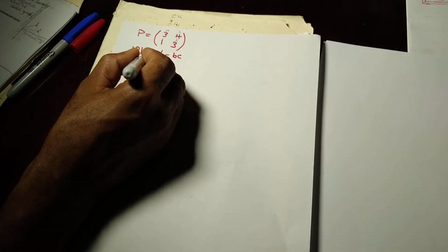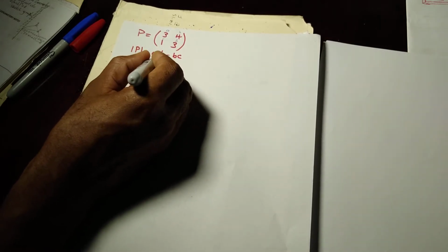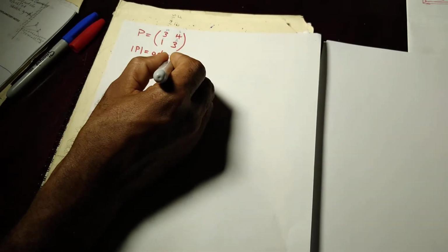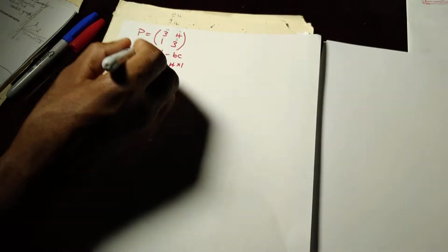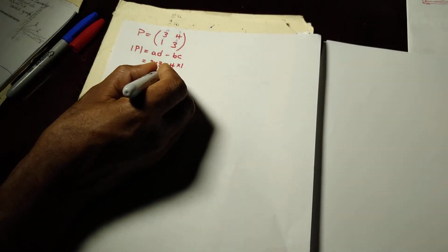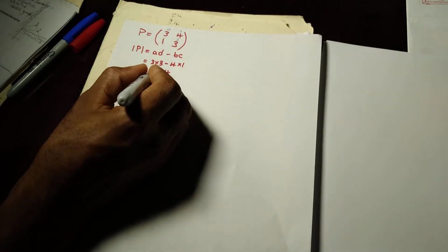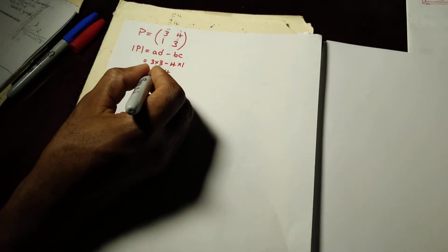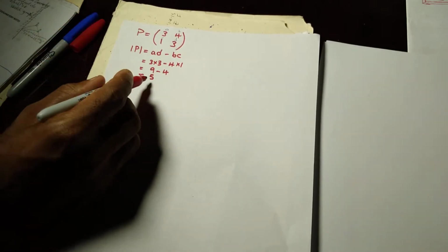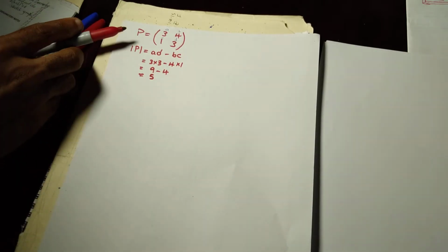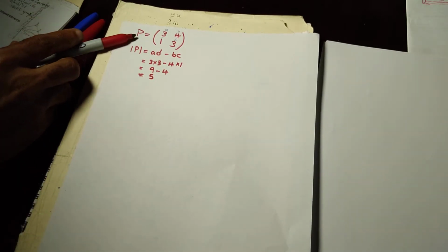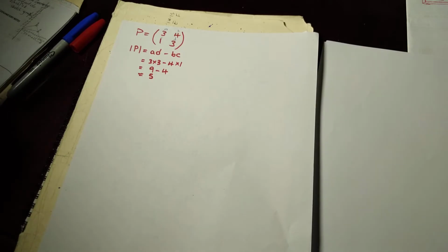So all we're going to do is substitute the values. So we're going to have 3 times 3 minus 4 times 1, which is equal to 9 minus 4. So the determinant for P is 5.